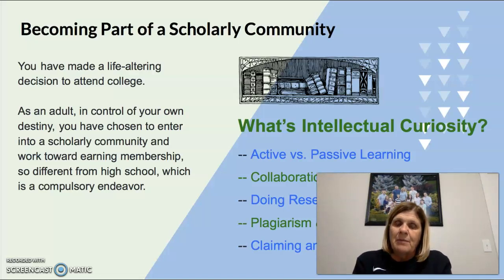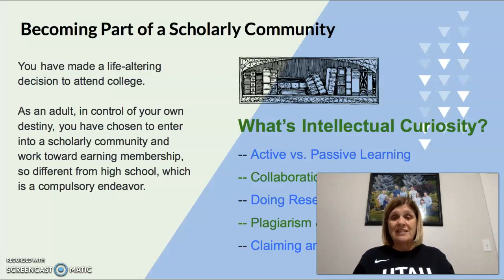Collaboration. That means that we are engaging with other people's research, and sometimes our research projects are done in teams. The next one is the actual process of doing research and understanding the difference between primary and secondary sources. It moves much more from our 9th grade definition of primary and secondary sources.